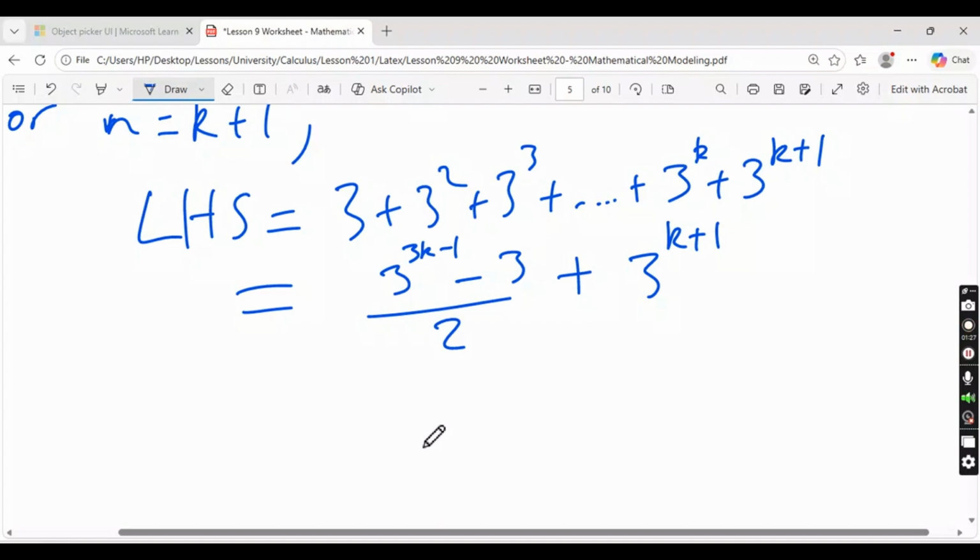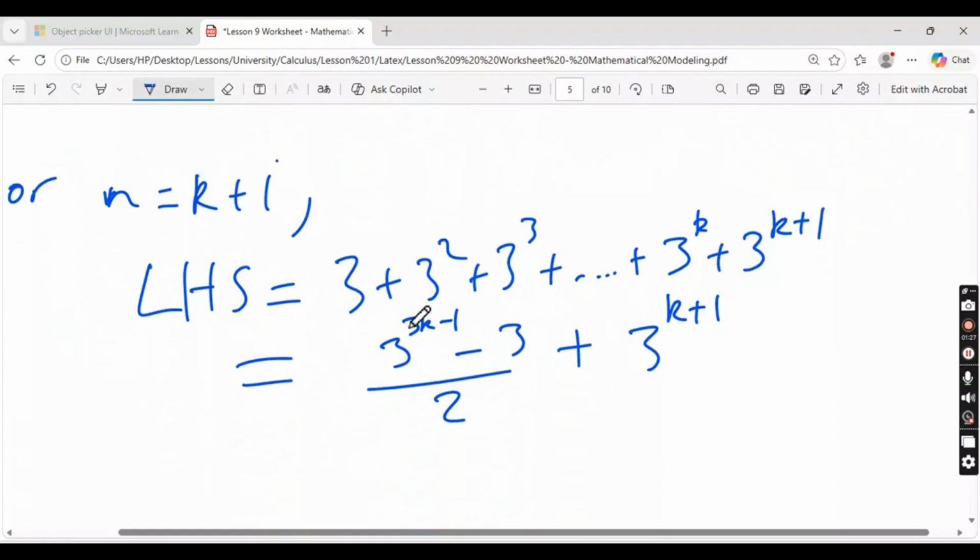Do we take out 3? Oh, you're saying we take out 3. I'm asking, do we? From k minus 1. Which could make sense, but the only problem is that we have k minus 1 and k plus 1.